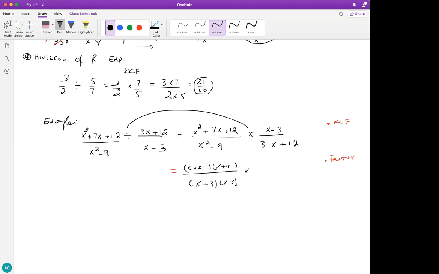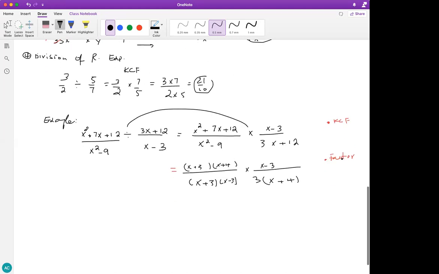And factor this. Looks like it's already factored here, so x minus 3. And here, what is the common factor? 3. That's right, 3. We have x plus 4. All right, so that's the second step.